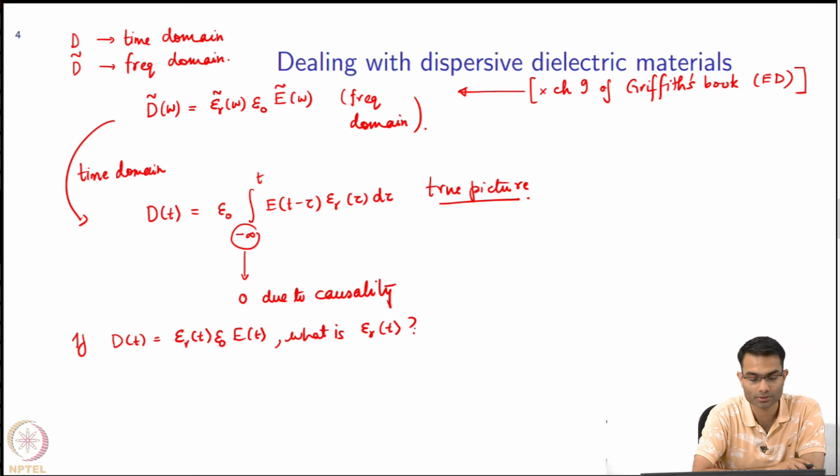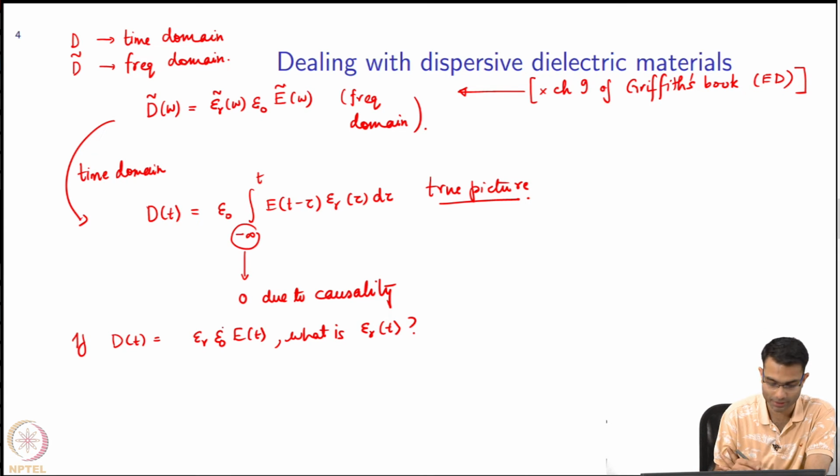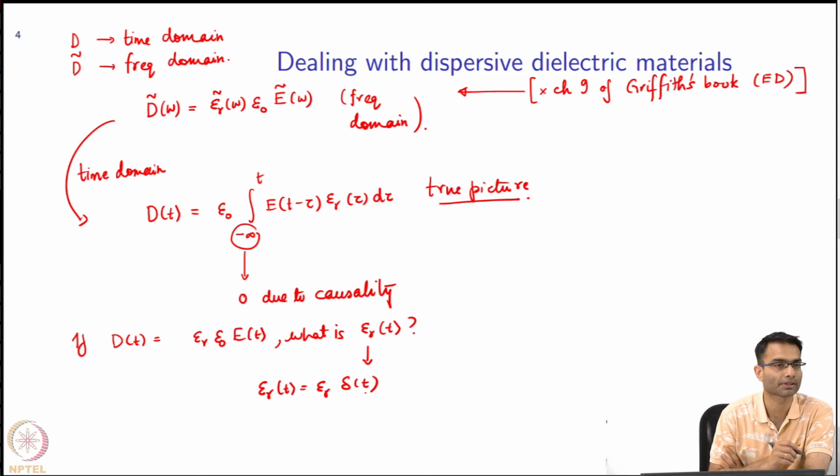Look at the convolution relation. We have been writing it like this, a delta function, right? Then this convolution gives me this simple relation, right?